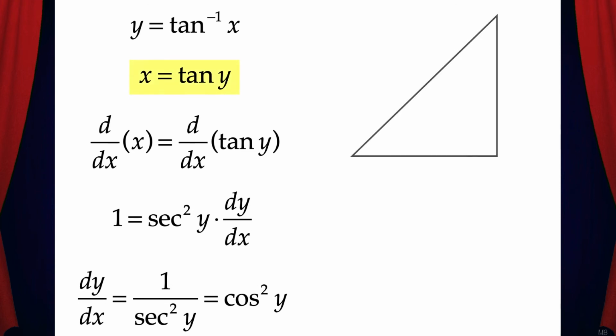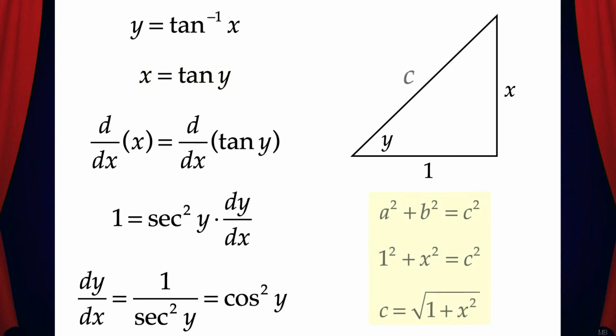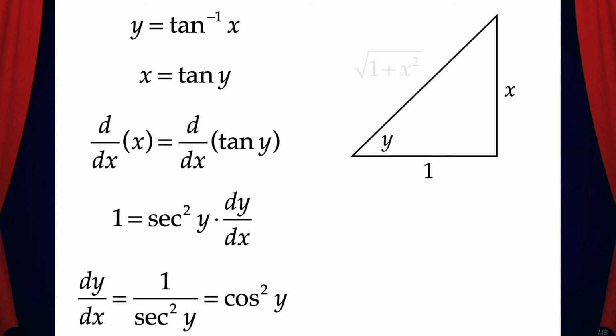So now we just need to get cosine squared y in terms of x. So let's make a right triangle. If x equals tan y, that means y is the angle. And remember that tan y gives us the opposite side over the adjacent side, which would be x over 1. Now we just need to use the Pythagorean theorem to solve for the hypotenuse of this triangle. When we do this, we get the square root of 1 plus x squared.